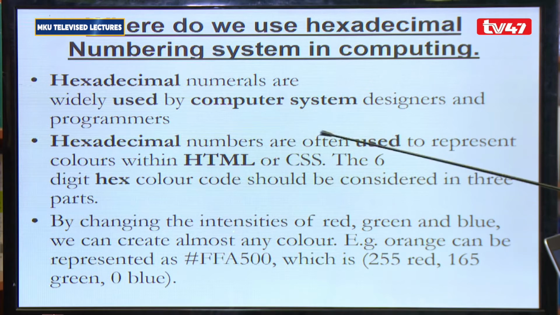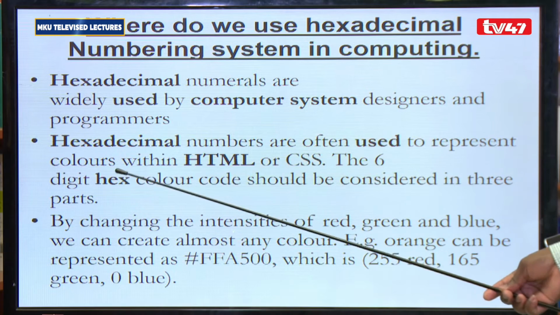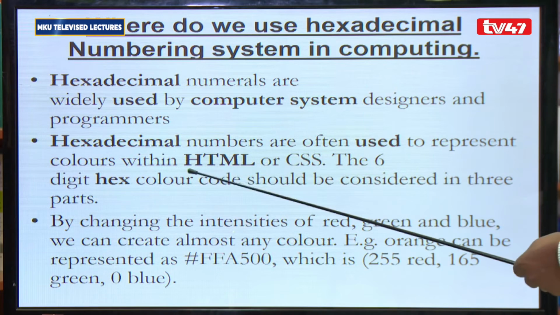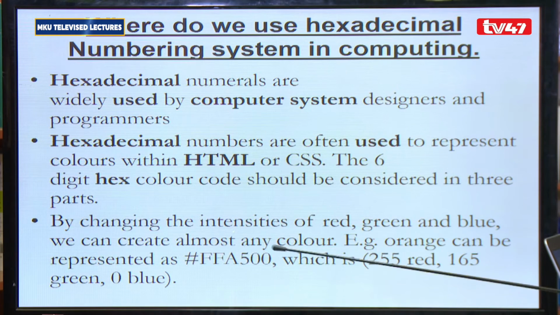We also use hexadecimal systems in web design, especially with HTML and cascading style sheets, where we use the hexadecimal digits to represent a color code when you are designing websites. They are the best for that representation, and these are direct HTML formats.